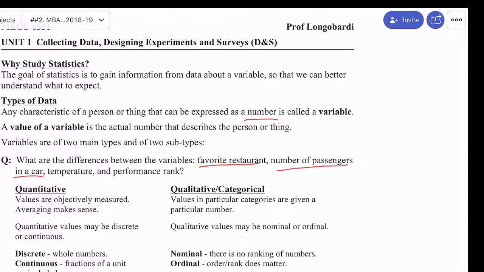So you go with an iPad, or you collect data and then enter it into an Excel spreadsheet, and you include observation as one variable or one column, and the second column is the restaurant. So you have observation and restaurant.